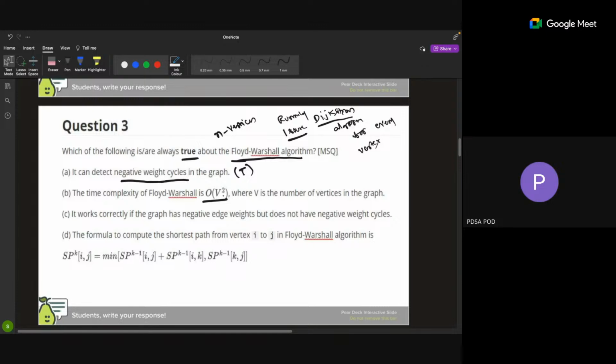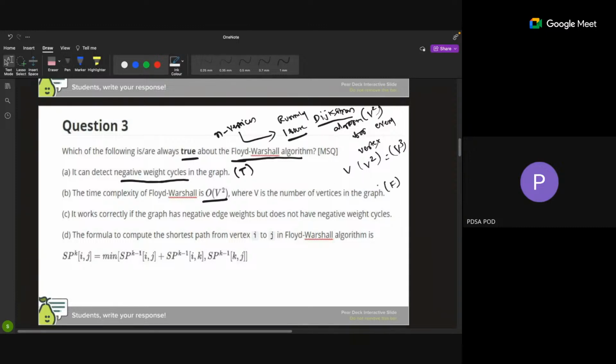N square means V square only, because V means the number of vertices. So it's going to be V cube, or N cubed. Because for n vertices, you are running Dijkstra's algorithm n times. Dijkstra's algorithm is already V square. So one more time you are checking the vertices. So V into V square times you are trying. So definitely it's going to be V cube. So this is going to be false.